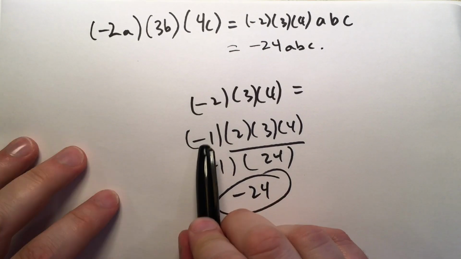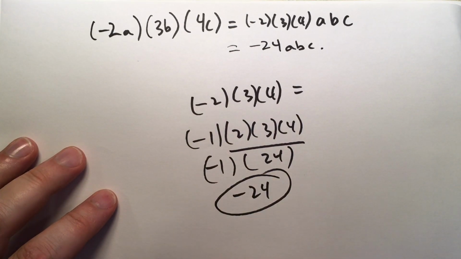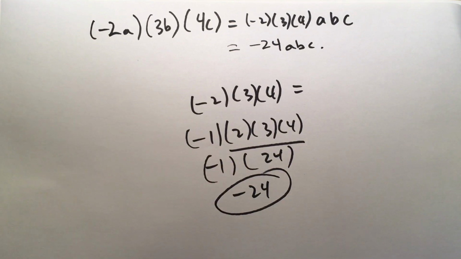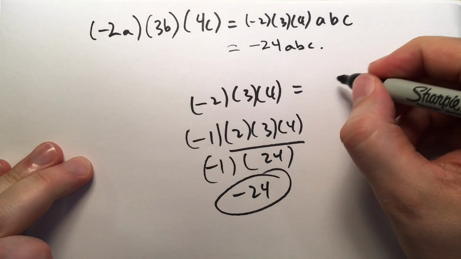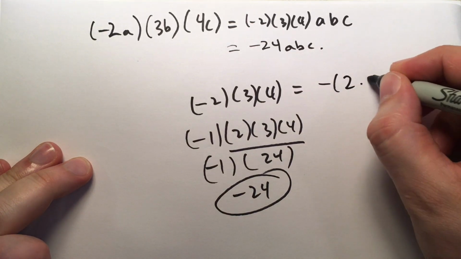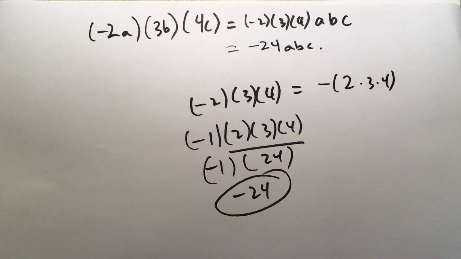I basically factorized out the minus 1 from one of the terms. I'm sorry. Forget that. This is the same as minus 2 times 3 times 4. Using, I think that was in, oh gosh, which one was that? That was in N8. So that's what I did.